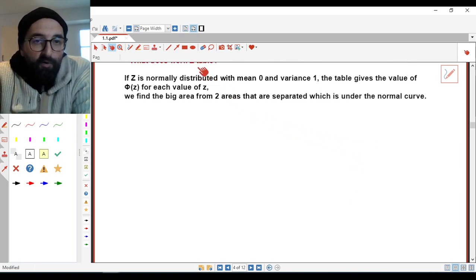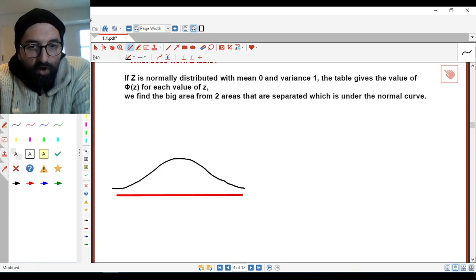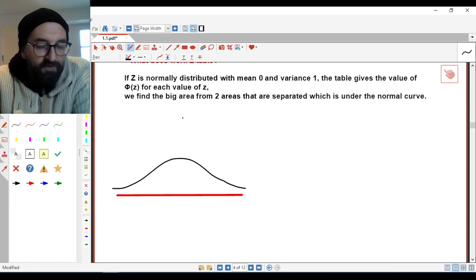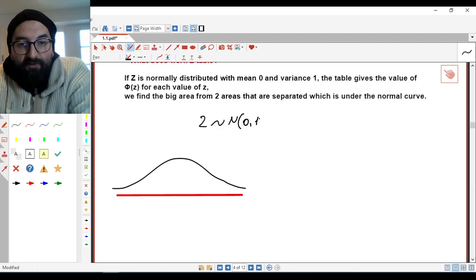Okay, now as you see, if you draw the normal curve and the transformed curve z, z is normally distributed with 0 and 1, and this point is 0.